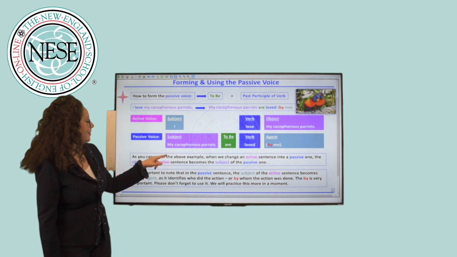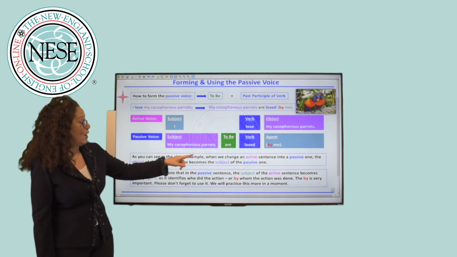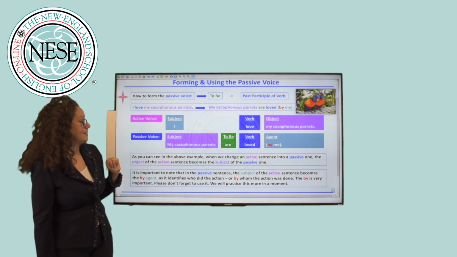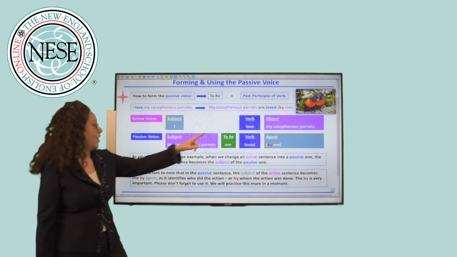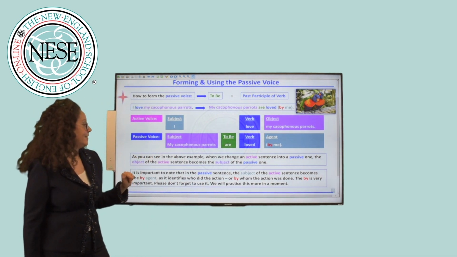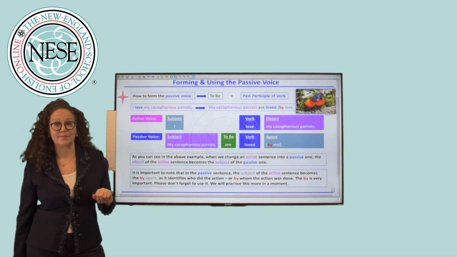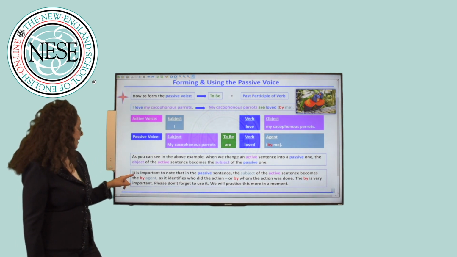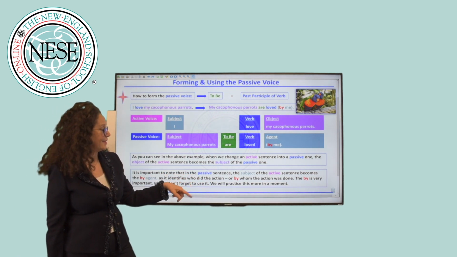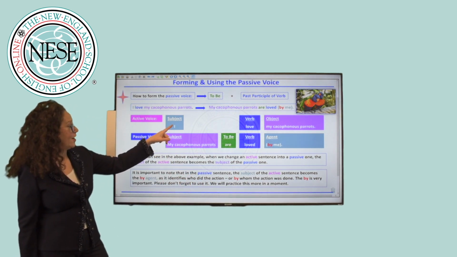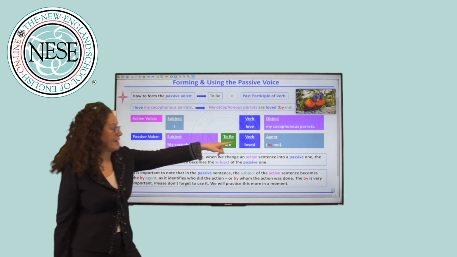As you can see in the above example about the cacophonous parrots, when we change an active sentence into a passive one, the object of the active sentence becomes the subject of the passive one. It is important to note in the passive sentence, the subject of the active sentence becomes the by agent.